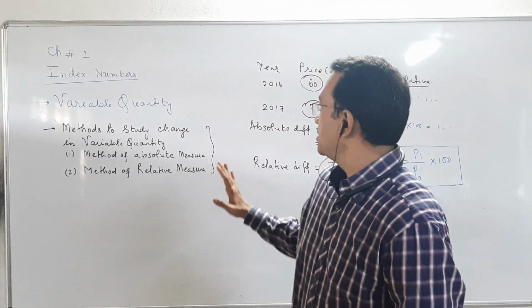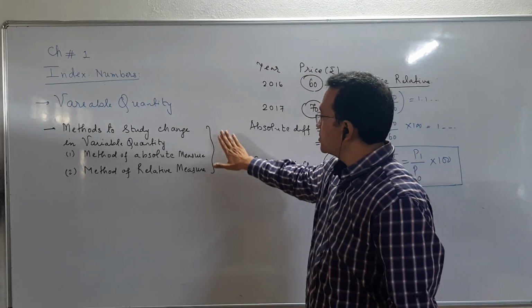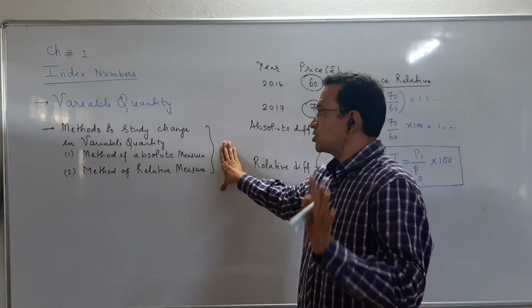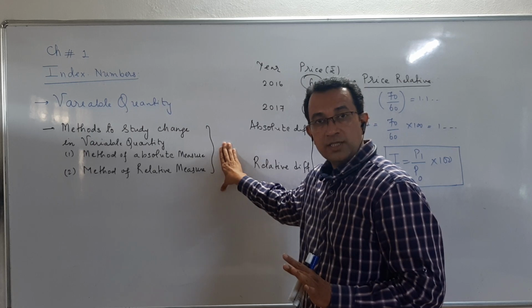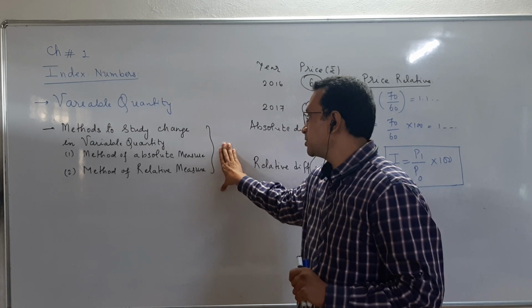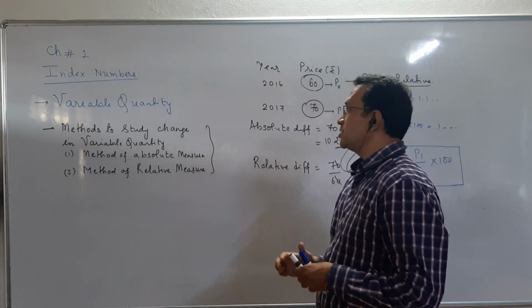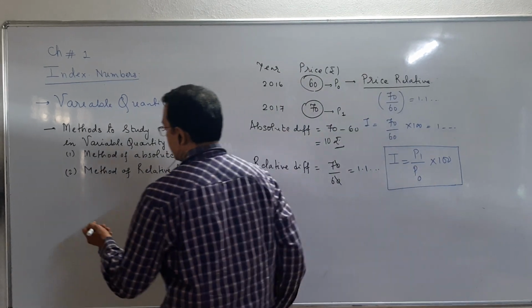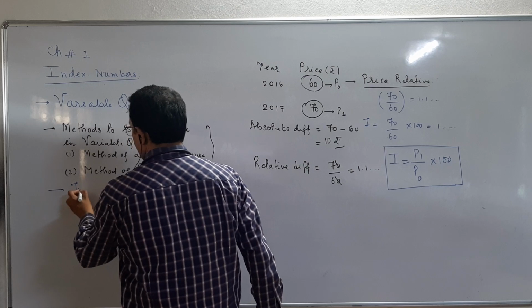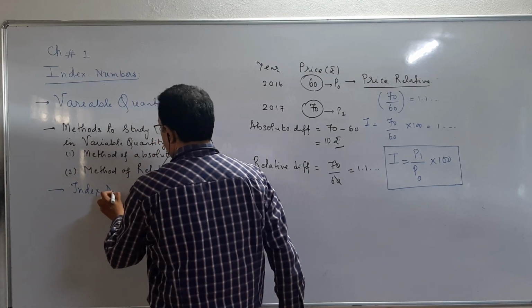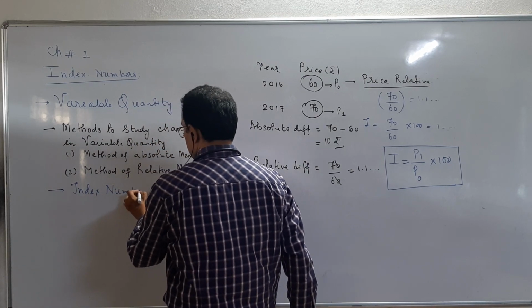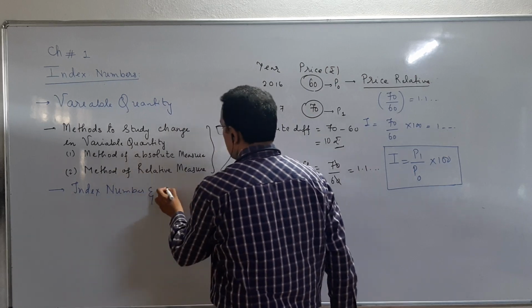So we have studied variable quantity, and we have studied methods to study change in the variable quantity. There are two methods, method of absolute measure and method of relative measure. Then, students, we defined what is an index number and characteristics of index number.